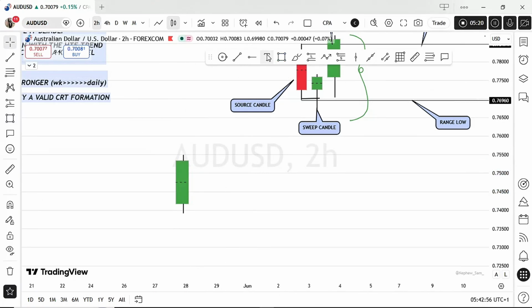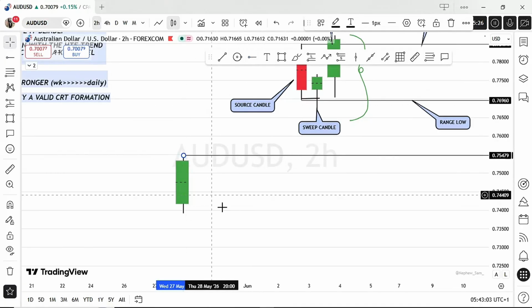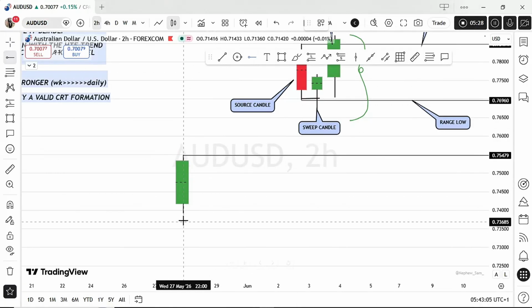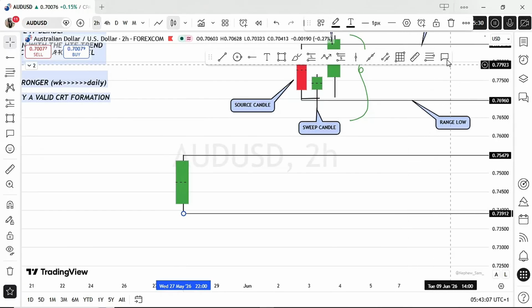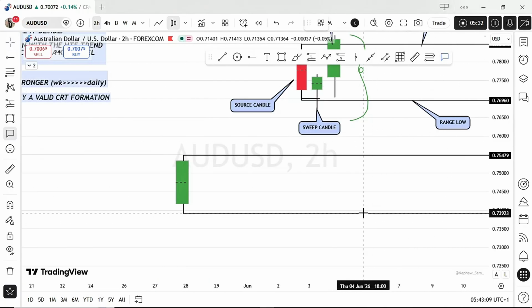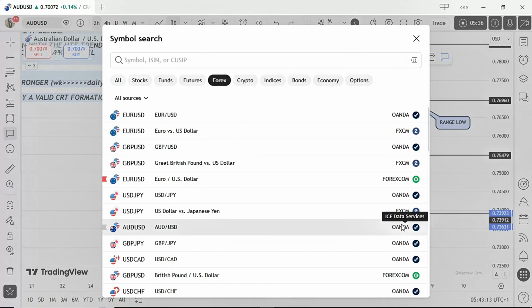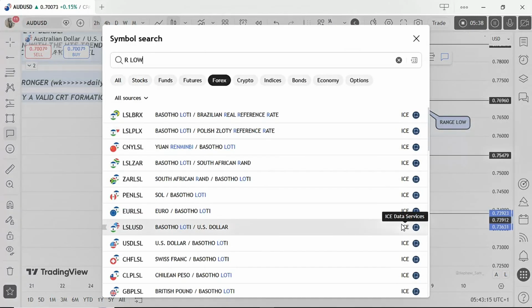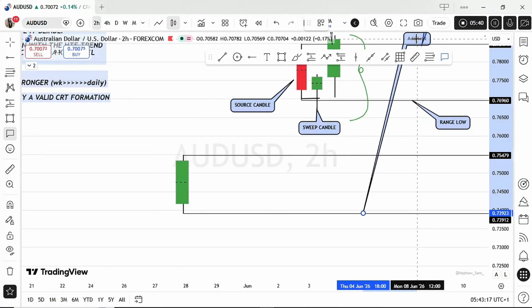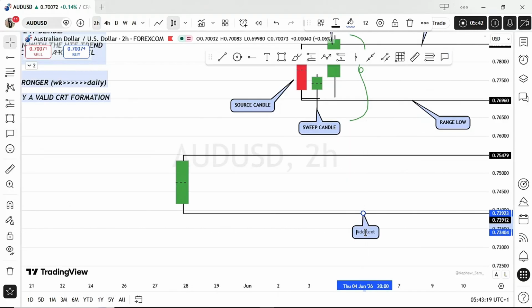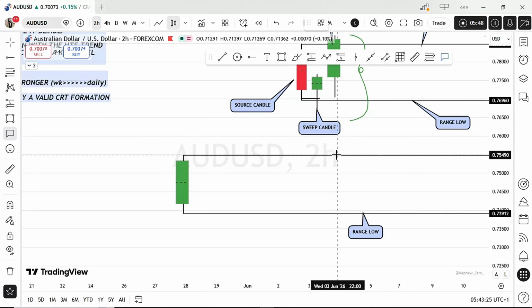The next candle is the sweep candle. Let's just follow the process. This is our range high and our range low. Let me just call this R low, and this is our range high.